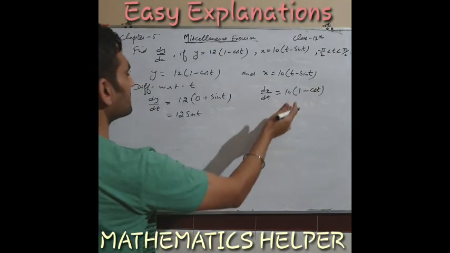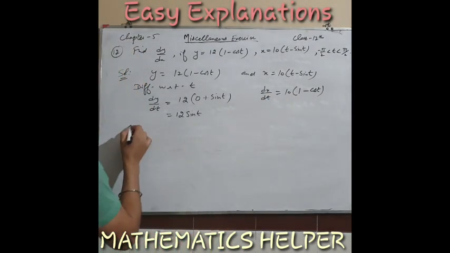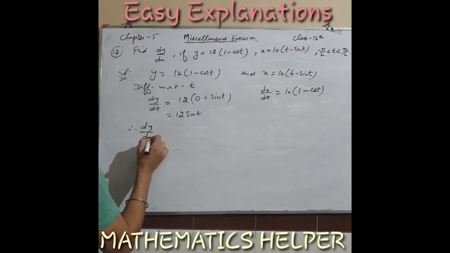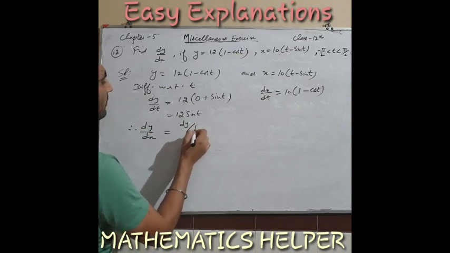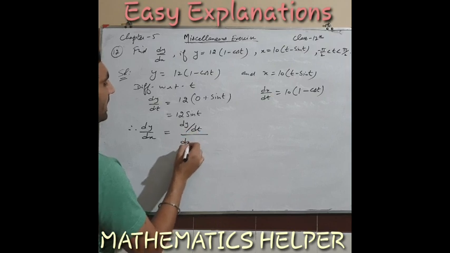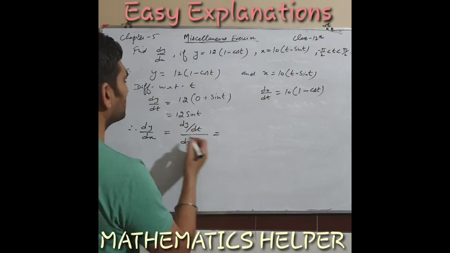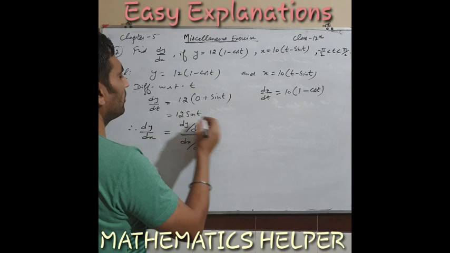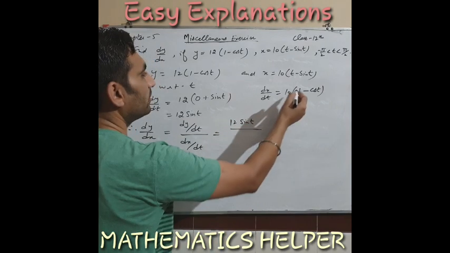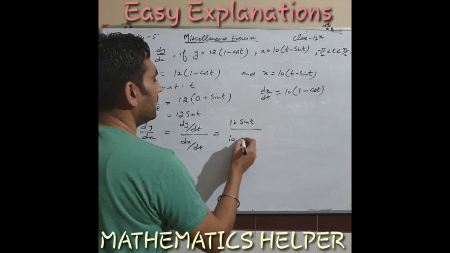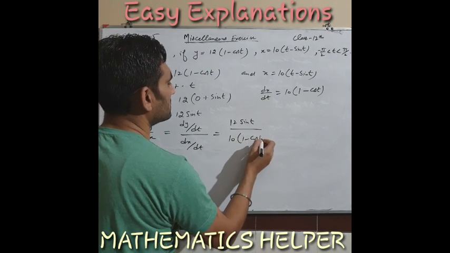So now we have this calculation with us, but we will write dy/dx. Try to remember how you were marking dy/dx. It should be dy/dt upon dx/dt. So now we have both answers. dy/dt is with us, 12 sin t, and here you have dx/dt, 10 into (1 − cos t).